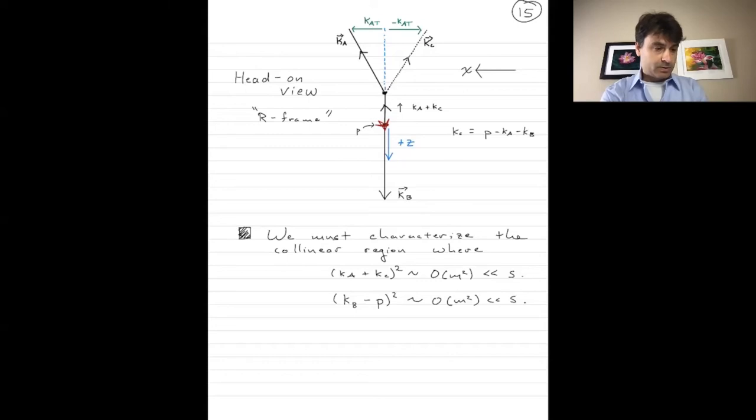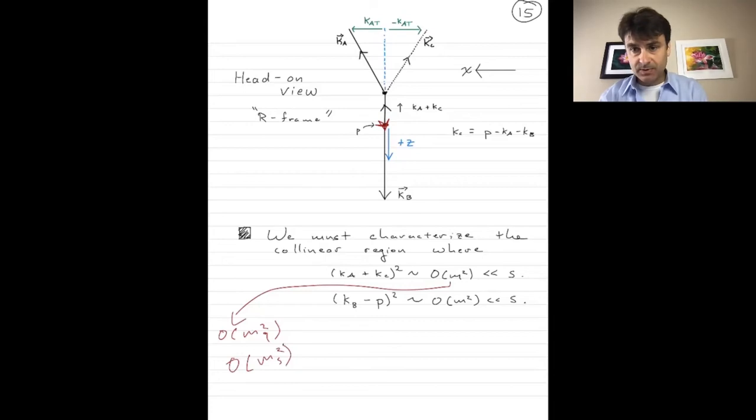And actually, let me just say that order m squared means of order any of these masses that we're going to consider to be small. So it could be order mq squared, ms squared, or some combination thereof. Okay. So we have that condition, but also Ka plus Kc is the same as Kb minus P, and that has to be order m squared.